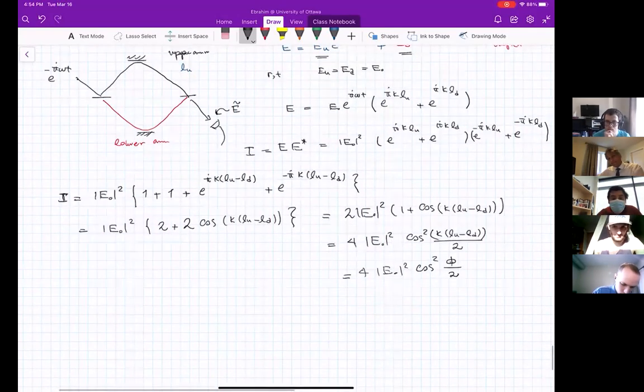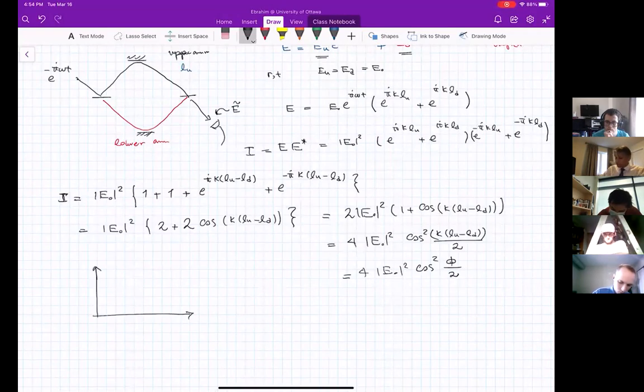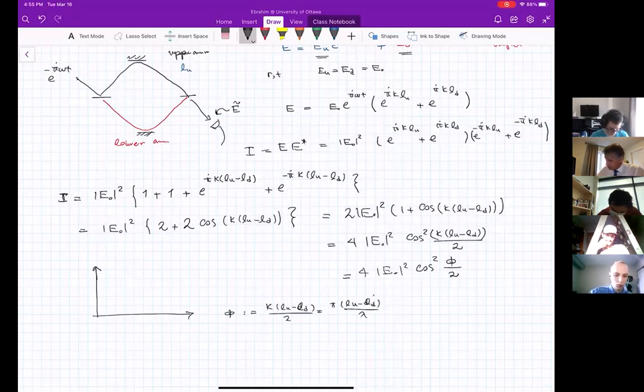What does it mean? It means that if I have the detector here, which records the intensity, then if I change the phase, which means I'm changing k (L u minus L d) divided by 2, which is pi (L u minus L d) divided by lambda. So essentially, I'm changing this.